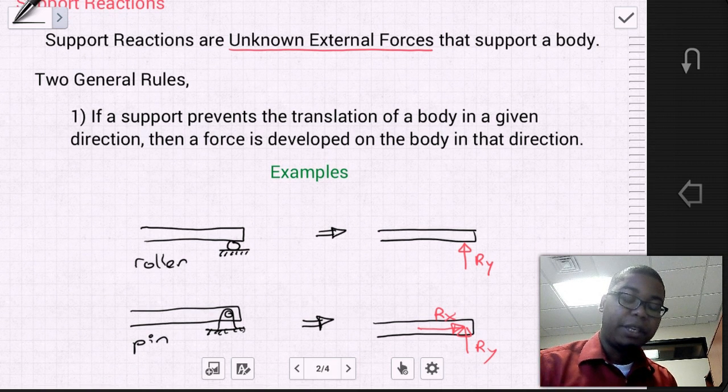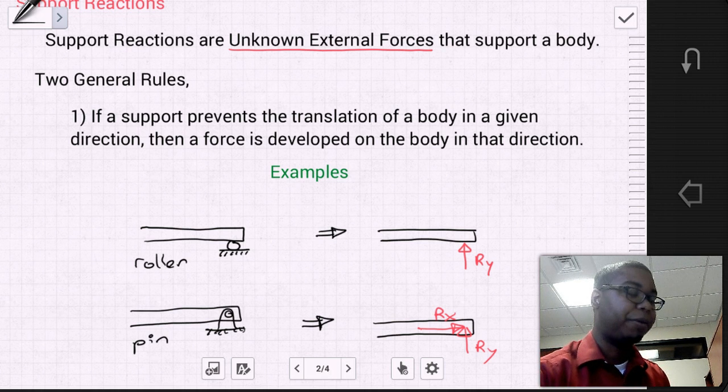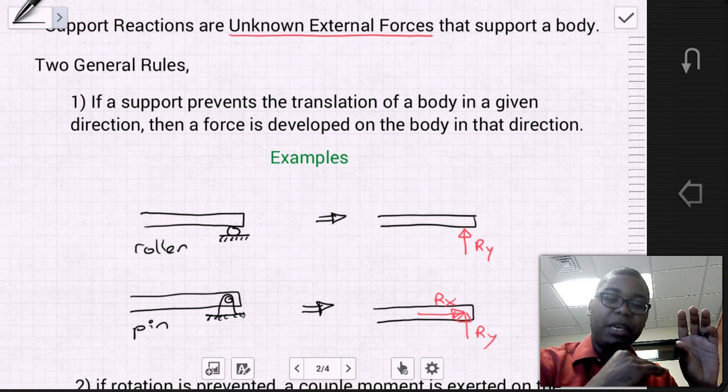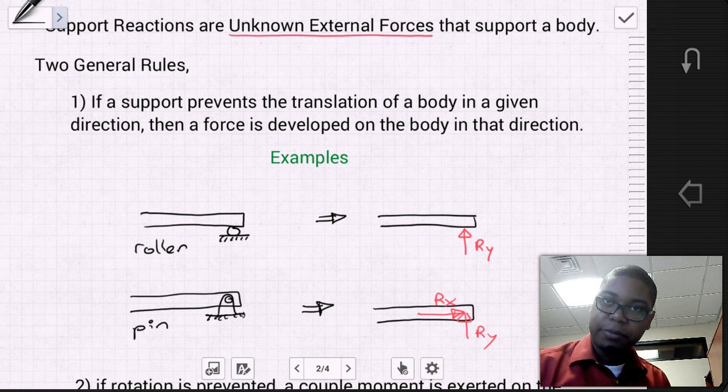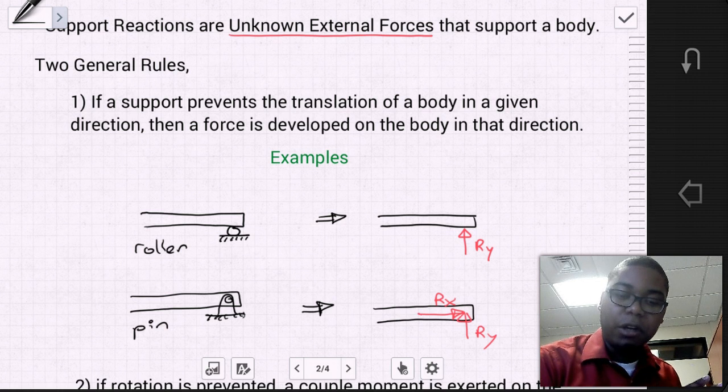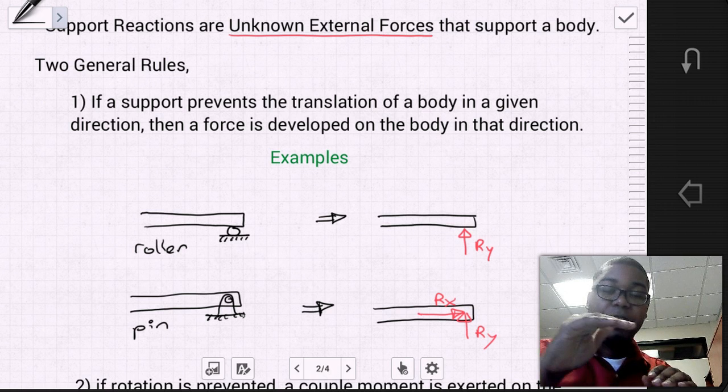The first rule is if a support prevents the translation of a body in a given direction, then a force is developed on that body in that direction. So a classic example is a roller. Say you have a beam, and in between the beam and the floor, there is a rolling ball. Well, if we were to try to apply a force or a load, or try to move the beam in the X direction, it'll slide across the roller and it's allowed to translate.